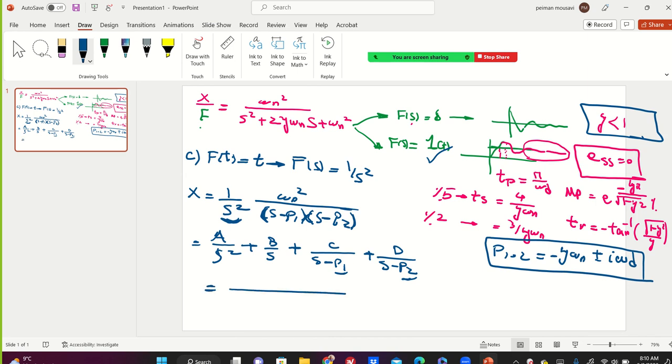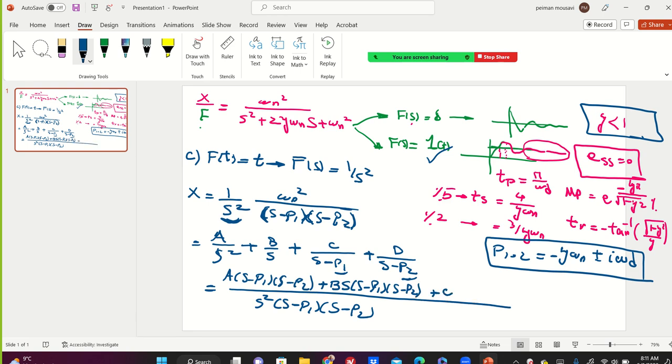So you're going to have s squared, s minus p1, s minus p2. You're going to have here A in s minus p1 in s minus p2, plus Bs in s minus p1 s minus p2, plus Cs squared, s minus p2, plus Ds squared, s minus p1.